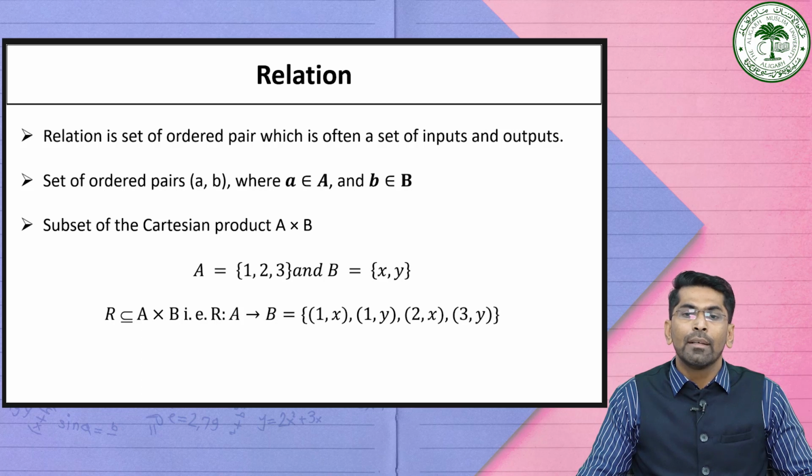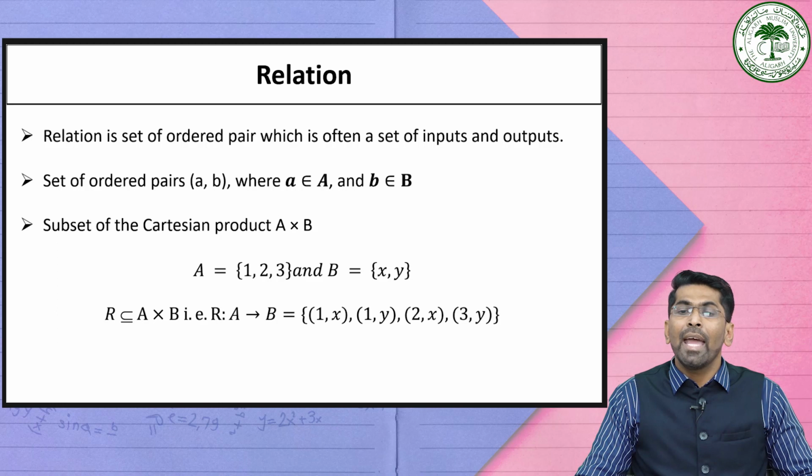Each ordered pair in relation R is an element of the Cartesian product A cross B. So we are taking a subset of this Cartesian product A cross B. For instance, the pair (1, x) indicates there is a relation between 1 in set A and x in set B.